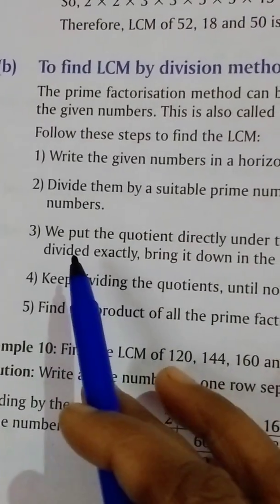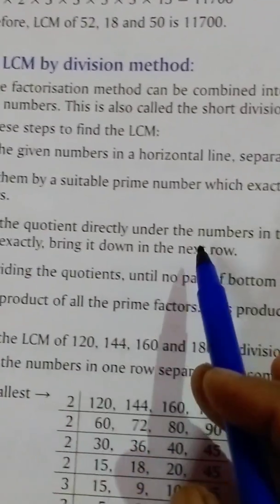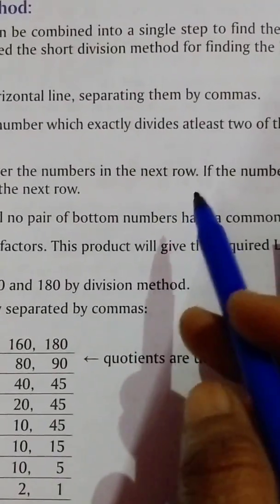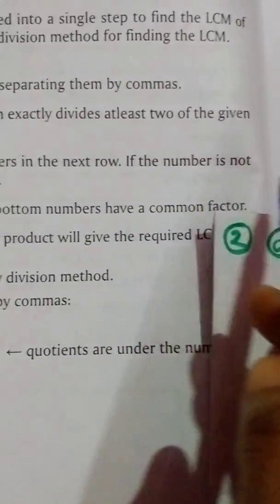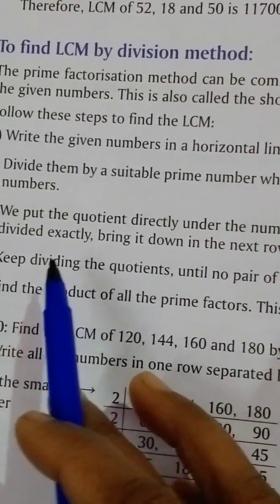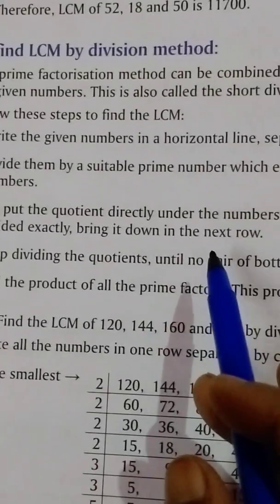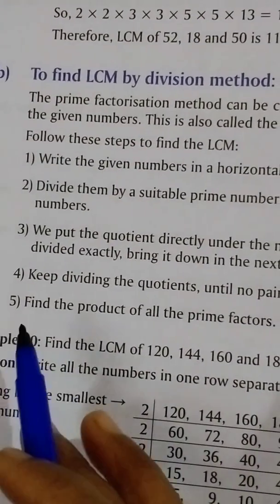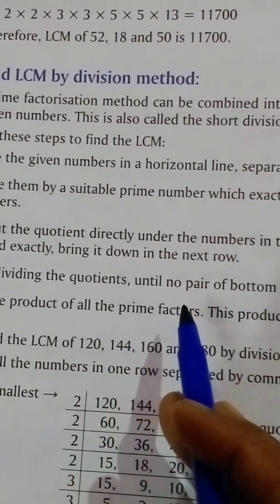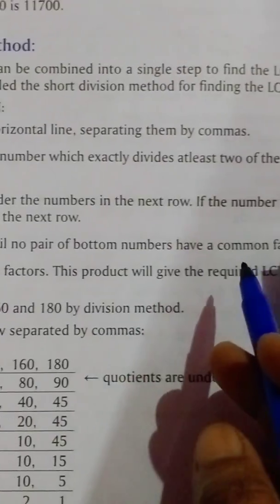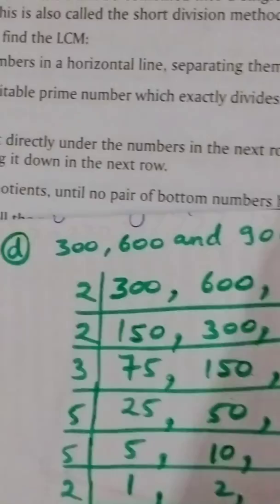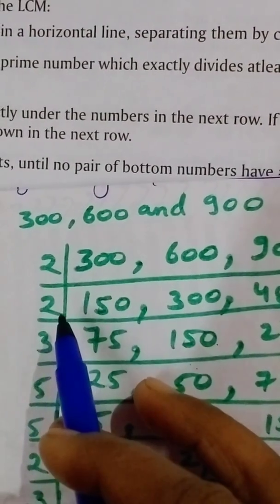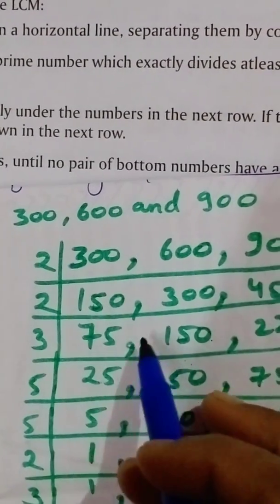Now the next process, we put the quotient directly under the numbers in the next row. I have already shown you. If a number is not divided exactly, bring it down in the next row. Fourth point, keep dividing the quotients until no pair of bottom numbers has a common factor. Here it again goes by 2, so divide by 2.